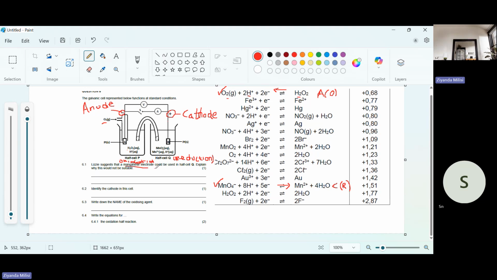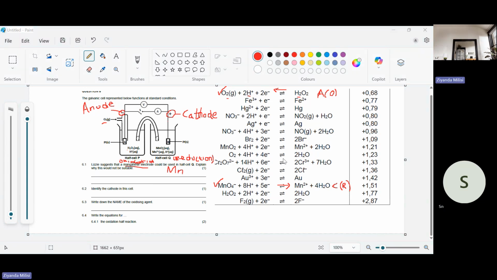The symbol for manganese is Mn. Is there anything that has Mn here? Mn, no ions. On these substances in half cell Q, do you see any Mn?